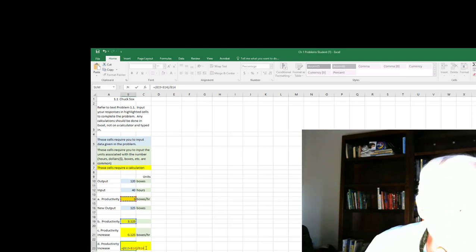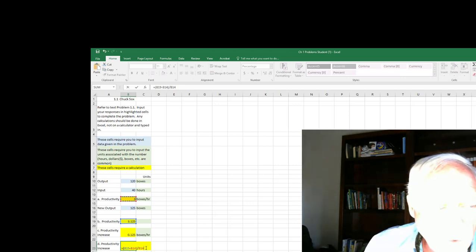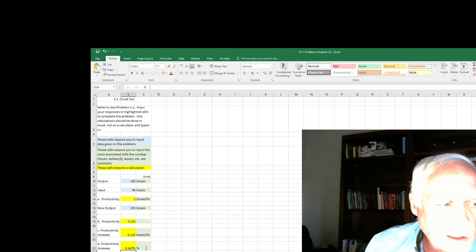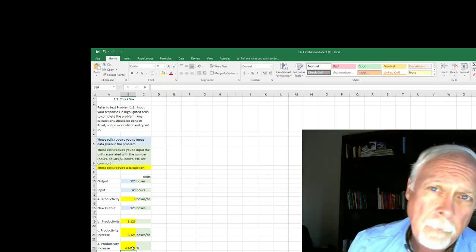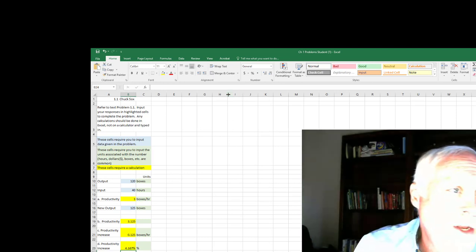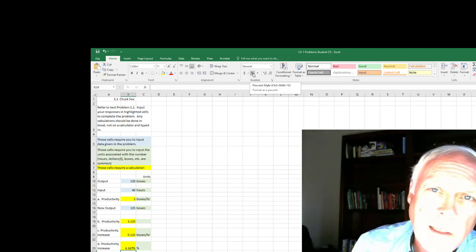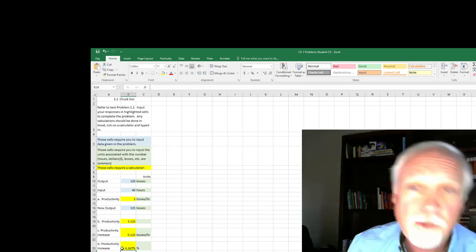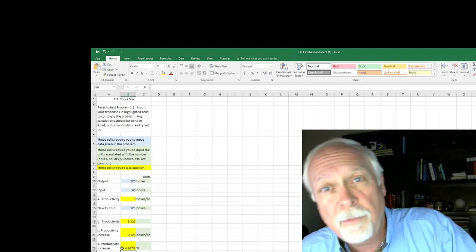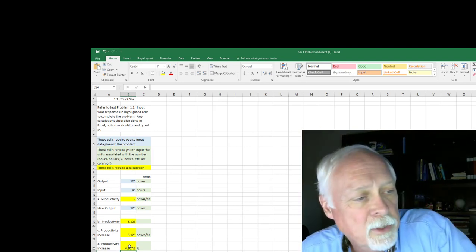This is the correct formula. We have the new productivity minus the original productivity, that quantity divided by the original productivity, and we have it in percentage. If your numbers aren't in percent, then you can go up to the toolbar and click the percent on the toolbar, or you can just force it by multiplying the whole number by 100 to get it to percent.